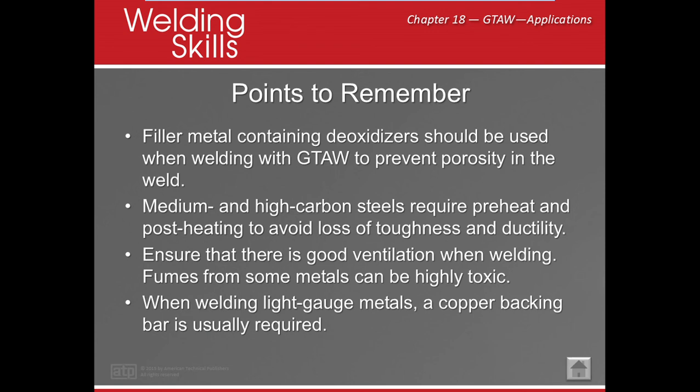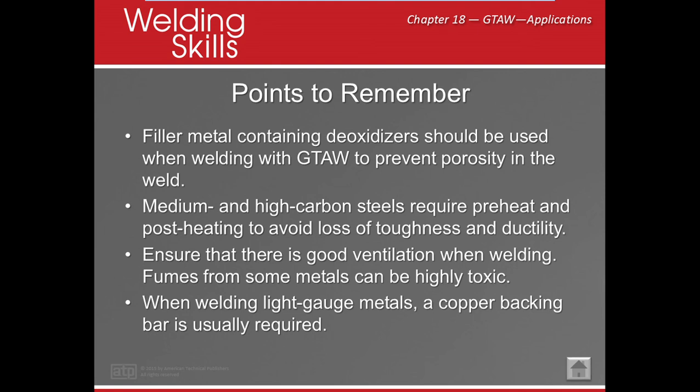All right, guys, so points to remember. Filler metal containing the deoxidizers should be used to prevent porosity, okay, because the deoxidizers help take out all the, well, let's talk about the word. De is of or not, oxidizer, oxygen. So it's taking out the oxygen.